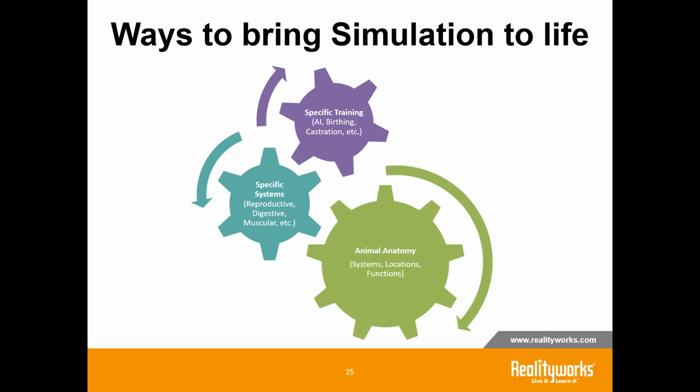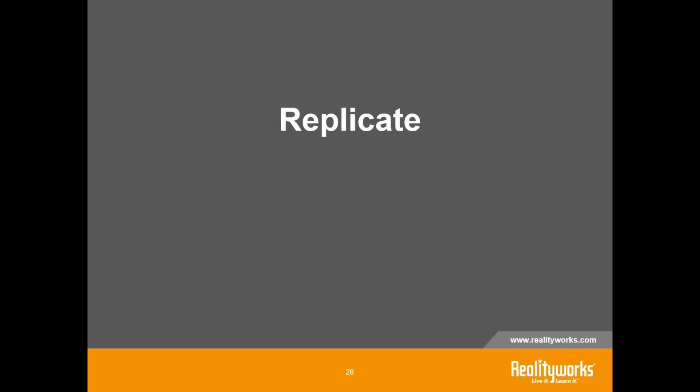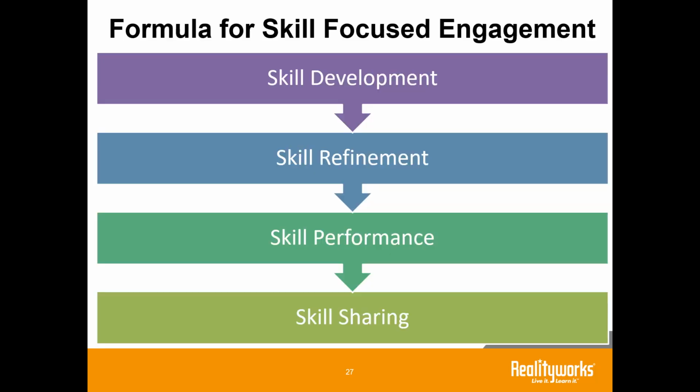Now, that brings us to replicate, because some of our training tools are not just models. They are things that you can use to replicate the real thing. Going in and doing artificial insemination and practicing that and having it be as lifelike as possible can be a helpful tool for students.